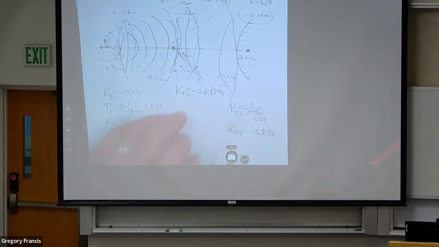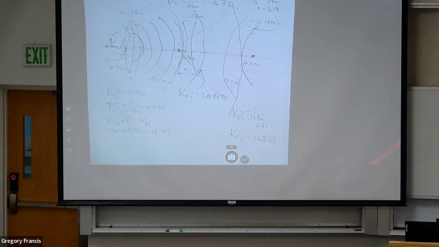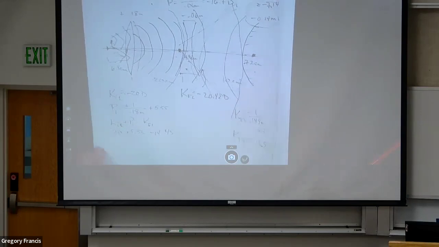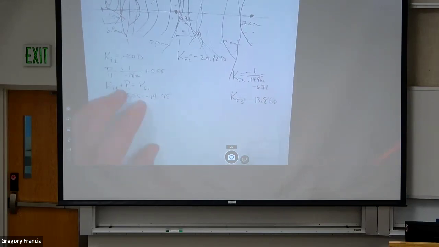And now we've got to go through the two lenses again. Okay. And so let's go down here and say when I get here to lens 2 again, but I'm going to put a prime because we're coming back around.